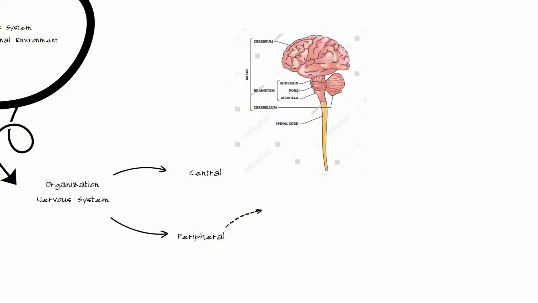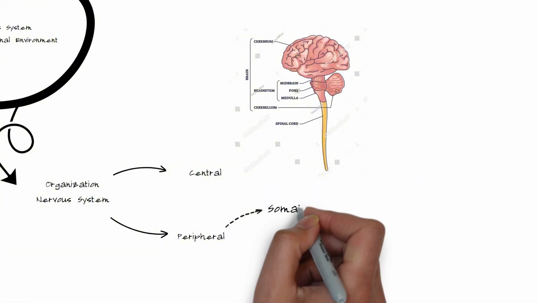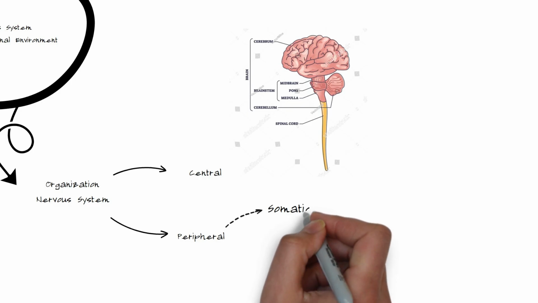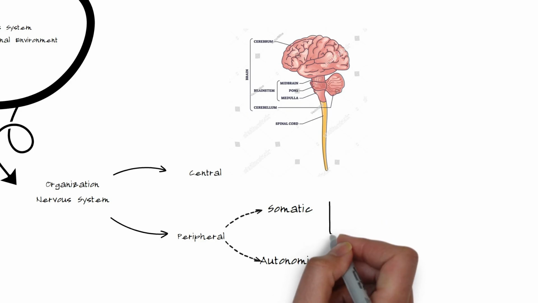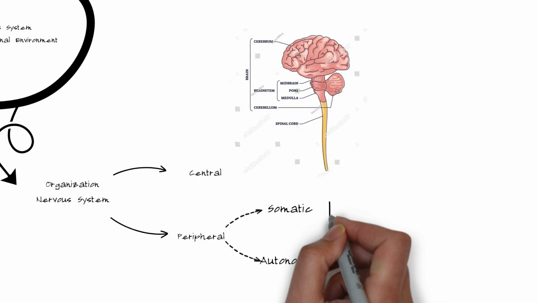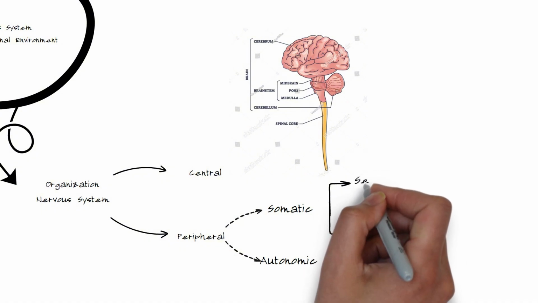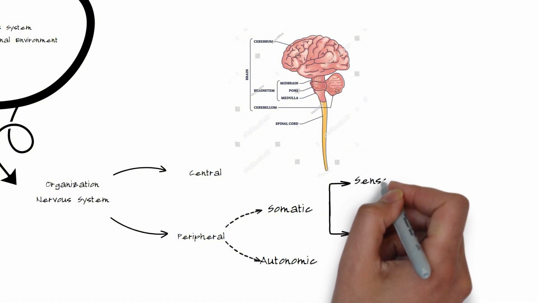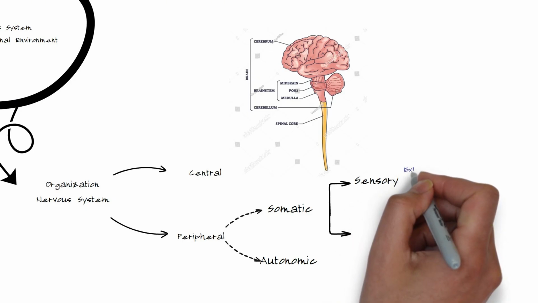Then we have the peripheral nervous system, which connects the body to the CNS, and it is divided into two major systems. The somatic nervous system, which is either sensory, detecting the touch, pain, temperature from the external environment, and the motor fibers that control the skeletal muscle, mostly voluntary.